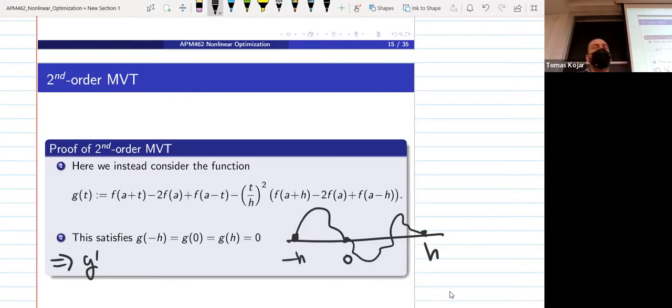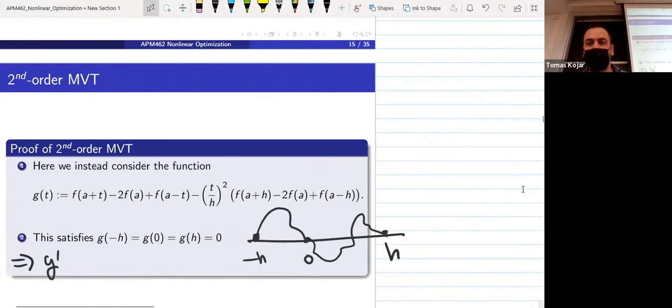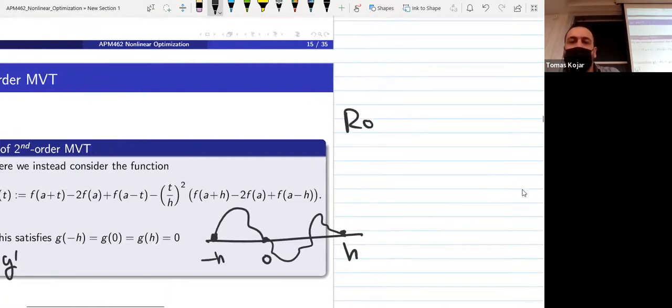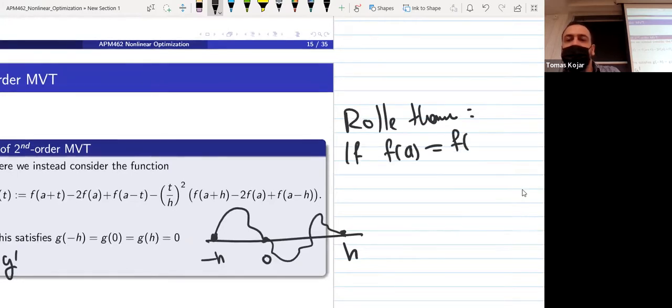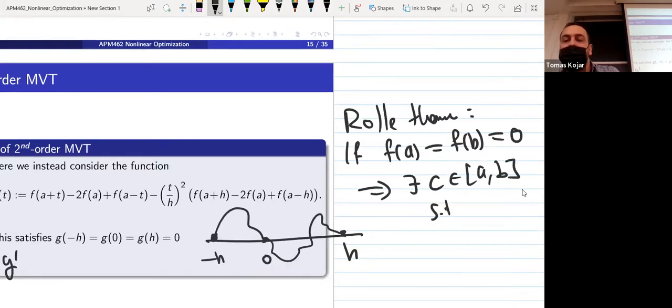Yeah, at least 2. Like you can tell, there would be at least 2 zeros. And that's because of Rolle's theorem, let me remind you Rolle's theorem, which we proved. It says that if f of a is equal to f of b equal to 0, then there exists c in (a, b) such that f prime of c is 0. Okay, but here we have 2 of them.